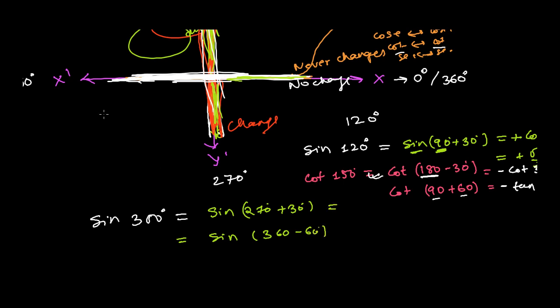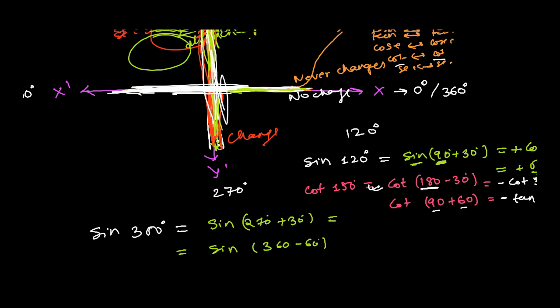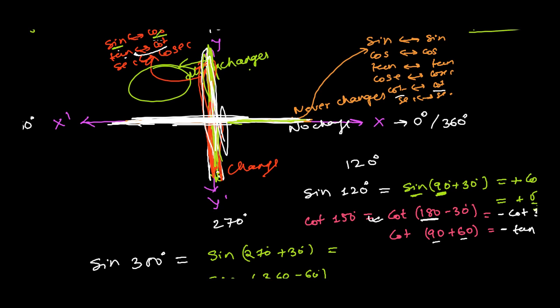Now we know that on the basis of 270 there is change, and we know that sine changes into cosine. I've told you sine changes into cosine. So sine(270 plus 30) will be cosine of 30, and then the question comes whether it is negative or positive. Sine(270 plus 30) is in the fourth quadrant, and in the fourth quadrant the value of sine is negative.